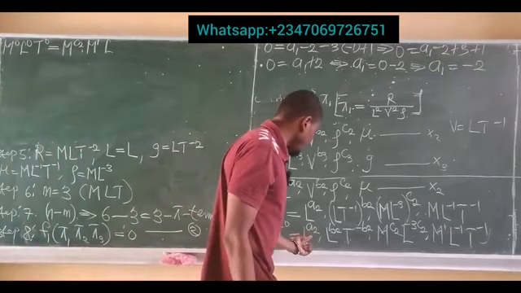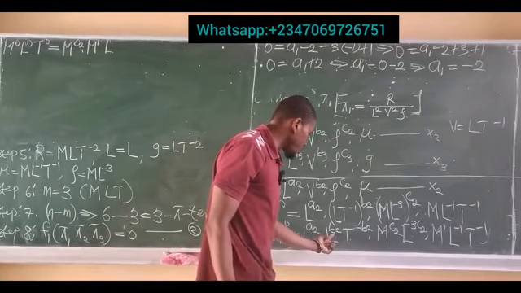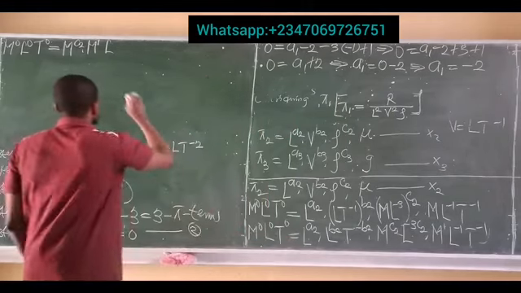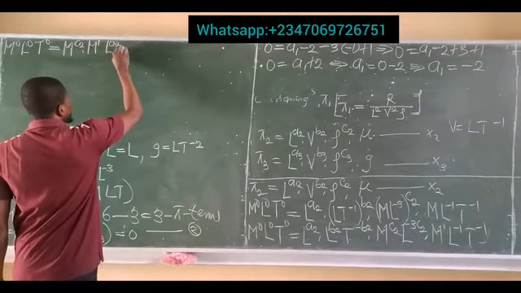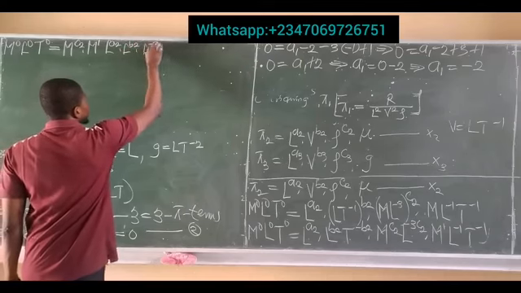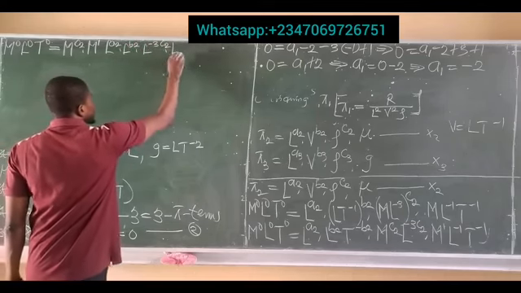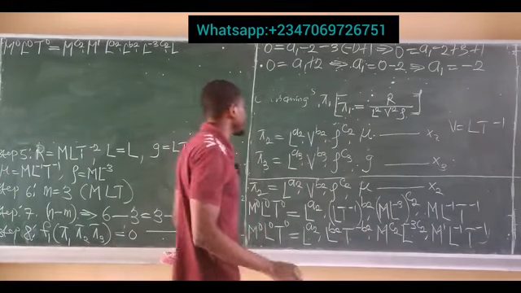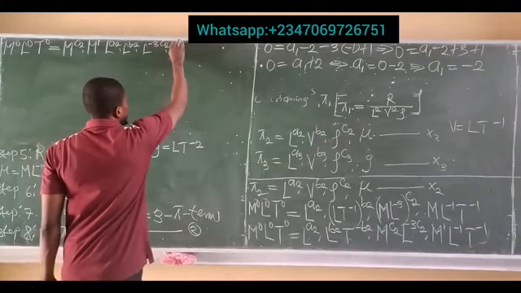L here is L to the power of A2. I have L to the power of B2, and I have L to the power of minus 3C2. This is L to the power of A2 times L to the power of B2 times L to the power of minus 3C2 times L, not forgetting, to the power of minus 1 over here. So L to the power of minus 1.